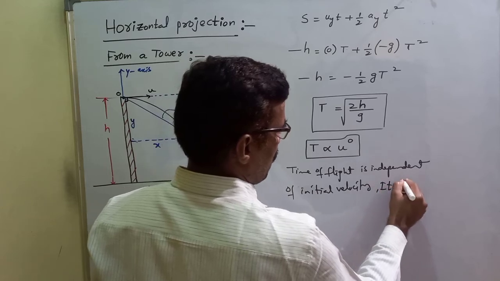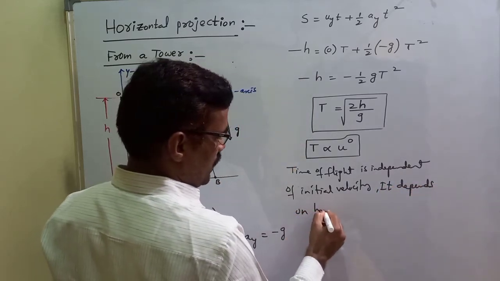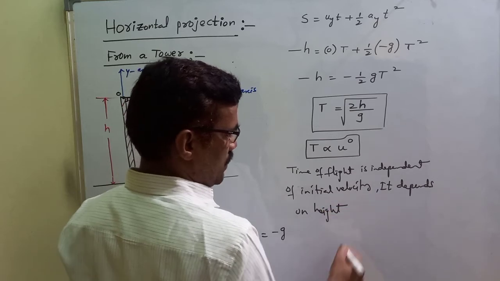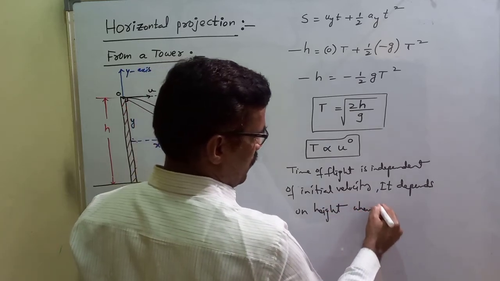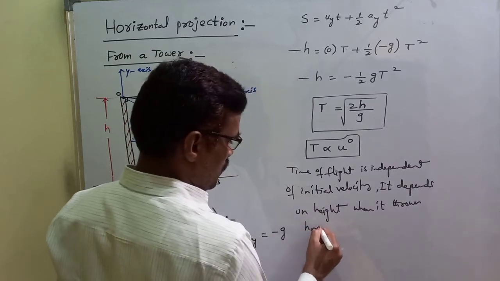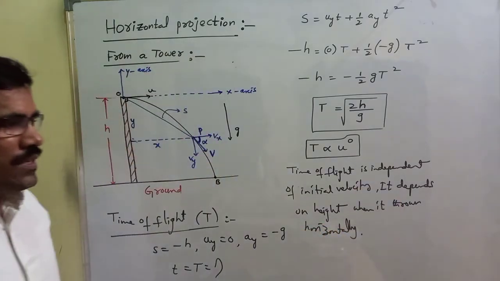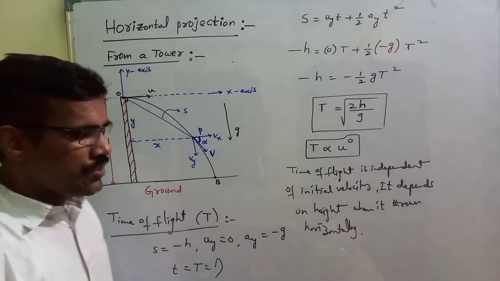When it is thrown horizontally, the time of flight depends on height and is independent of initial velocity.